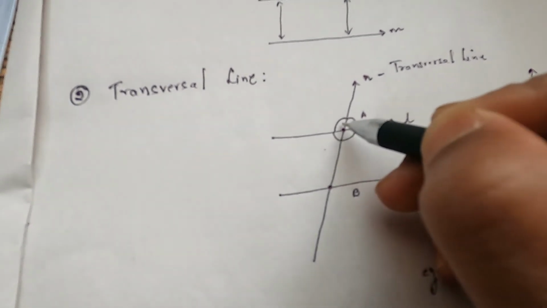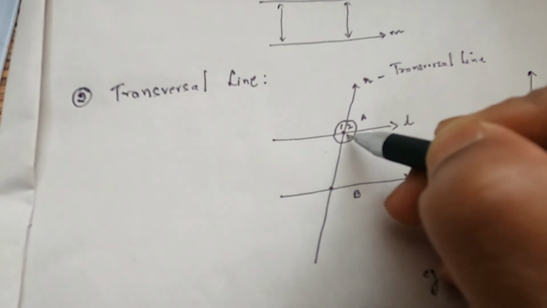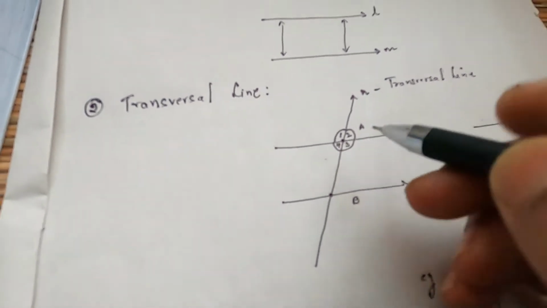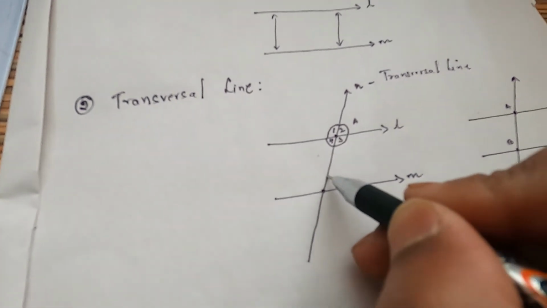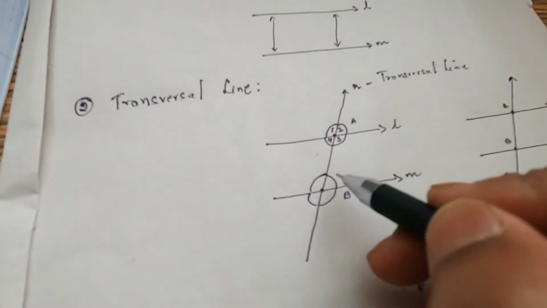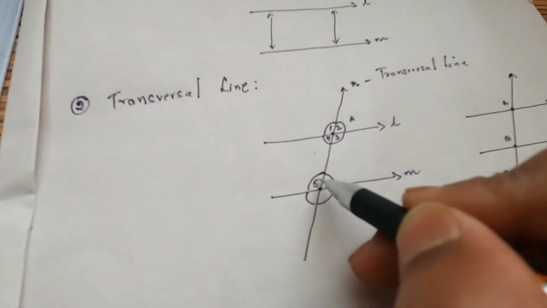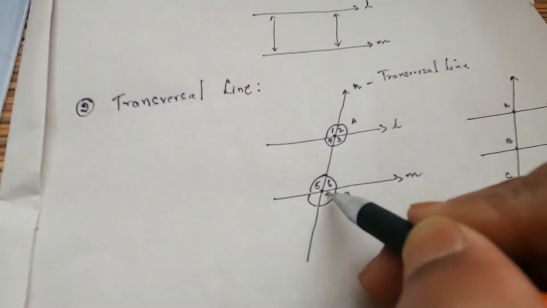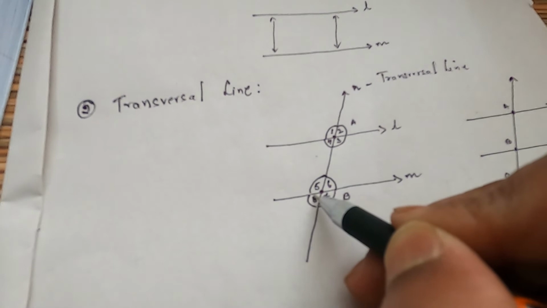So at point A we can see that four angles are being formed, and also at point B four angles are being formed. So this is angle 5, 6, 7 and 8.